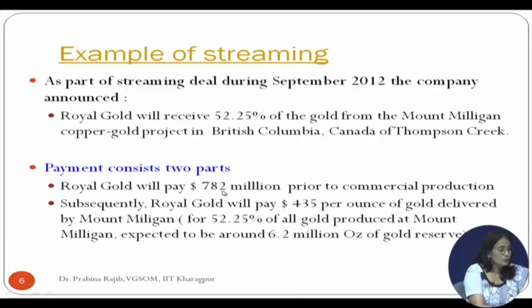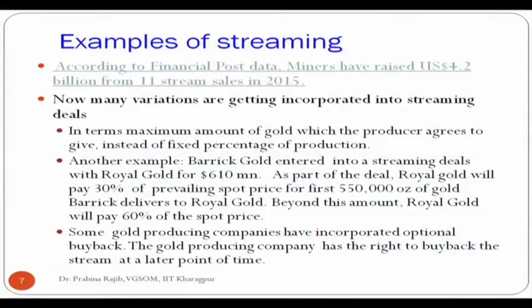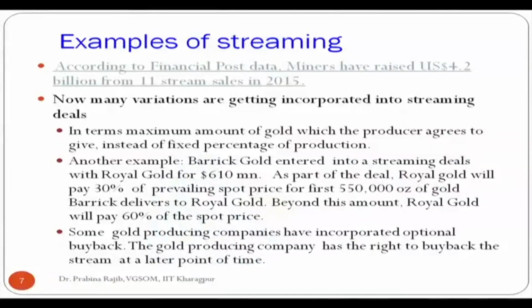Now this part I have already explained, the example of a streaming deal. Let's go to the other varieties of streaming deals which are being signed by the gold mining companies and the stream buyers. This particular slide shows some of the other examples.